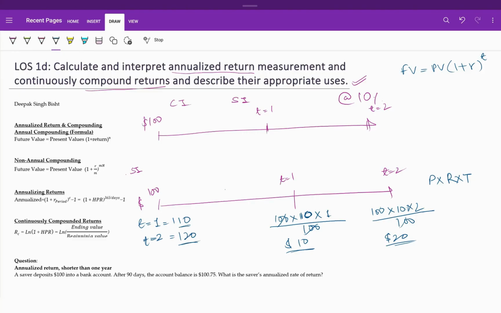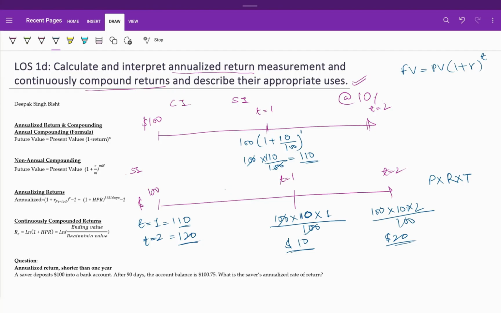Now, when I look at the compound interest formula and plug in these numbers, 100 times 1 plus rate, 10% divided by 100, to the power of time. I'm going to calculate this in a simple way, the old-fashioned calculation. This is going to be 110.